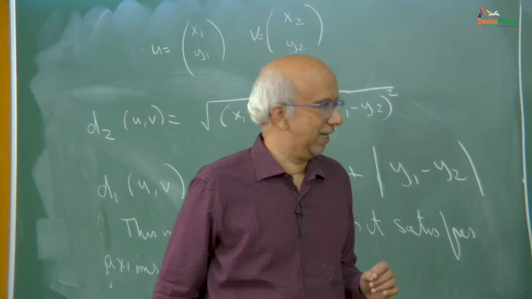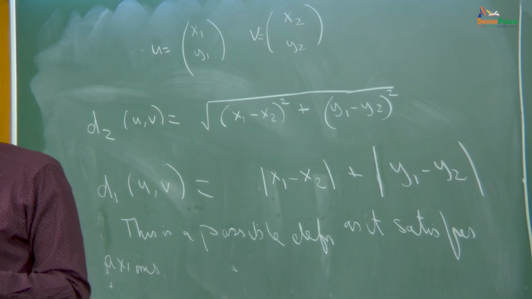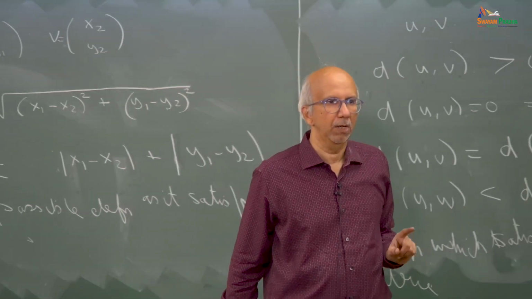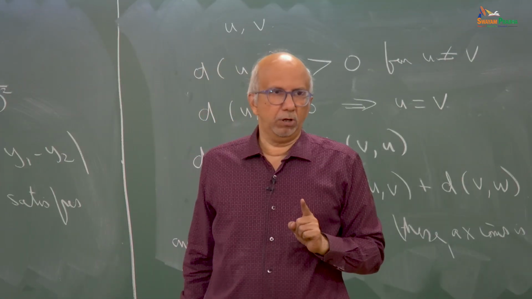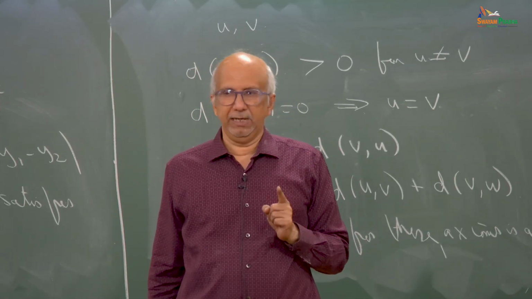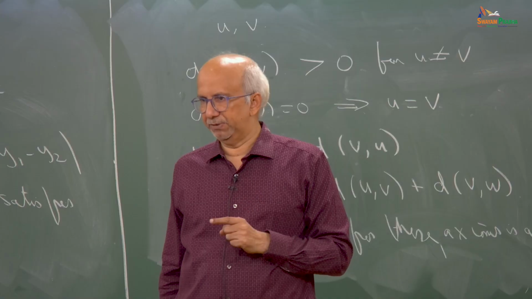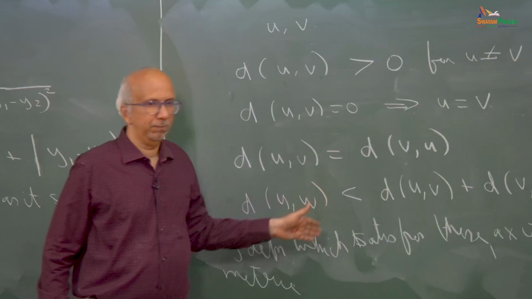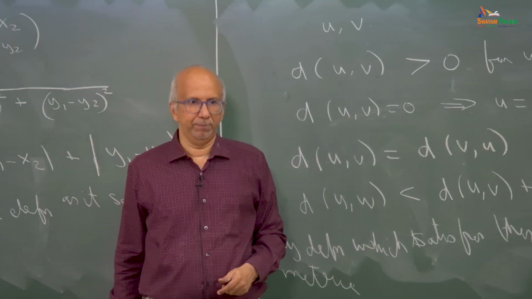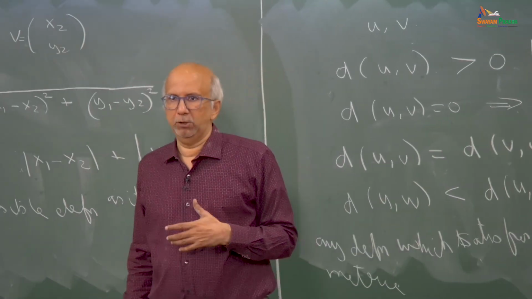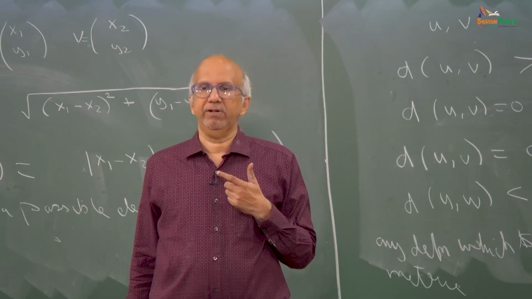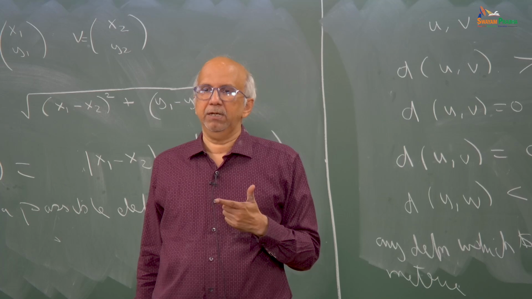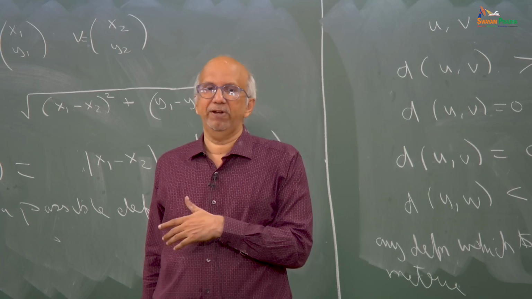The last point I want to make today is that these axioms do not involve the concept of scalar multiplication and vector addition. There is no question of vectors being added, there is no scalar being multiplied. So, what I am trying to point out is that I can have a definition of metric in a space which is not a vector space.